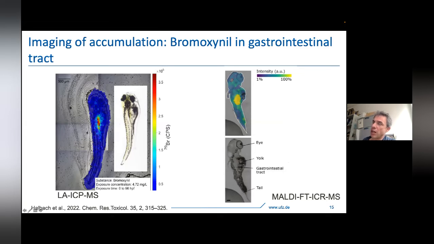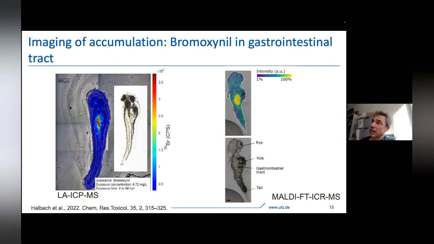So on the left, you see a laser ablation MS image, and it detects the bromine in the bromoxynil. And you can see here a signal in the middle of the embryo, so probably the intestinal tract. And a similar image we got with the multi-MS image, where you also see the signal in the middle. So it's probably the gastrointestinal tract.